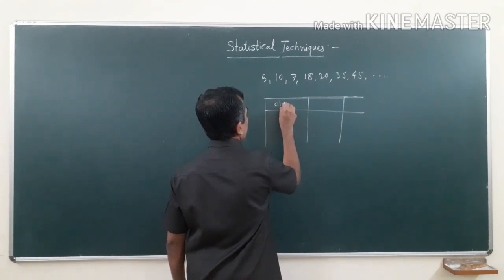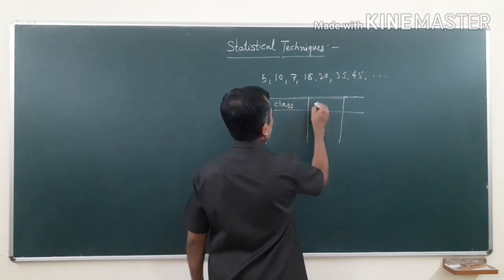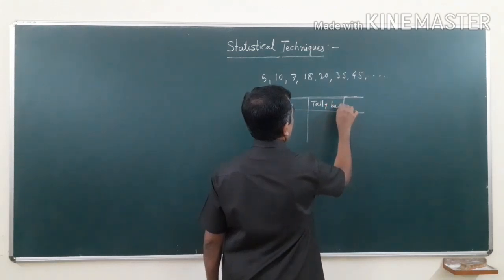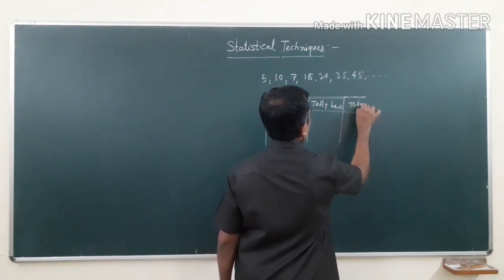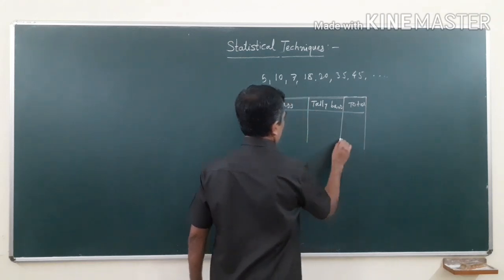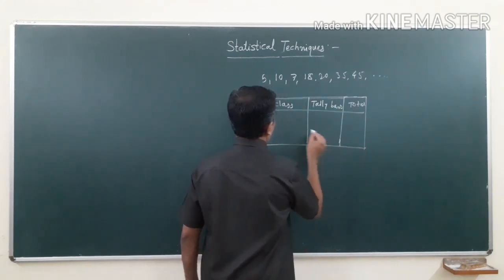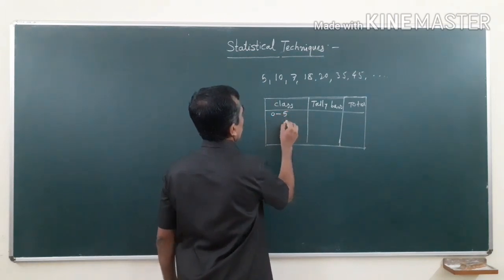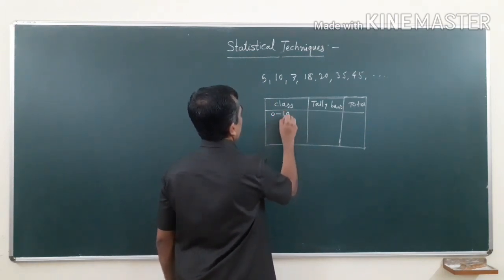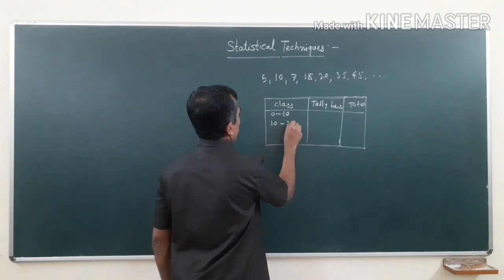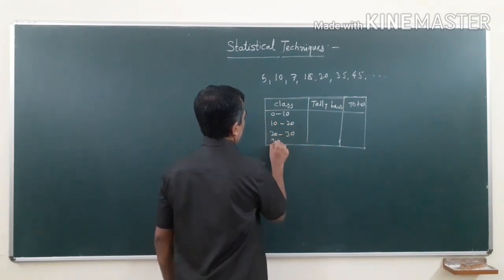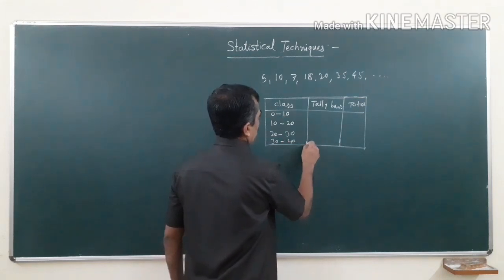Group or class, then the tally bars and total. So class, suppose here I take the first class as 0 to 5, or I may take 0 to 10, then 10 to 20, 20 to 30, 30 to 40 and so on.